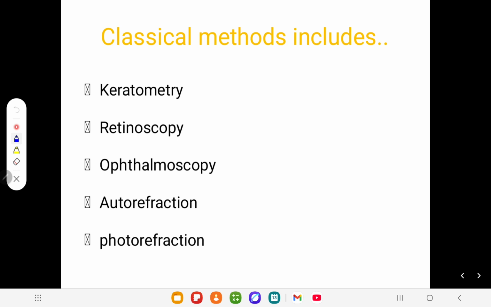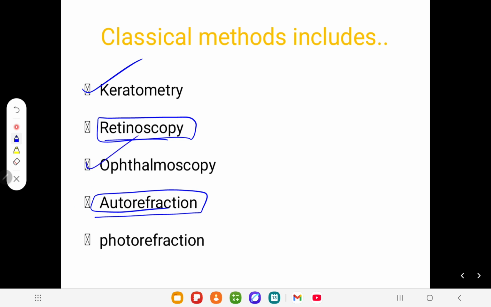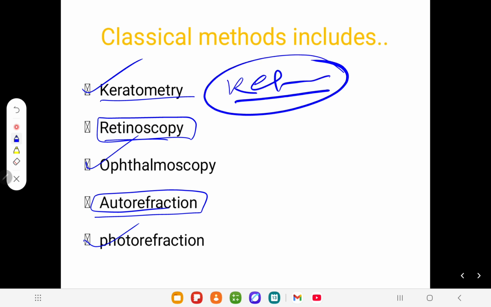One of the gold standards is definitely the retinoscope. But obviously nowadays there is very good autorefraction in the market. Definitely we also consider keratometry, ophthalmoscopy, and photorefraction. Keratometry gives the cornea's power, so it is very helpful to rule out astigmatism and all these things.